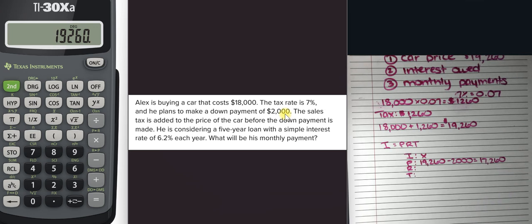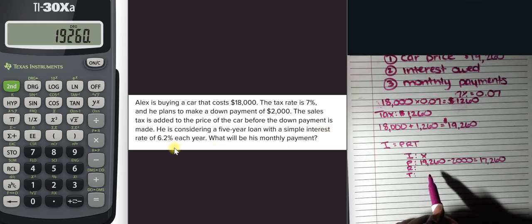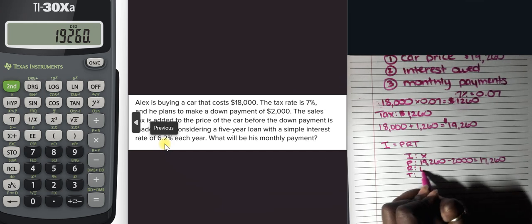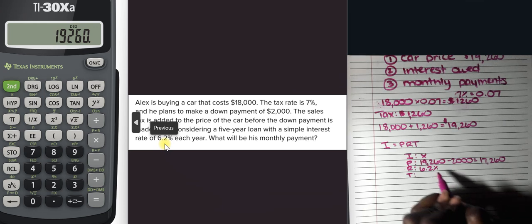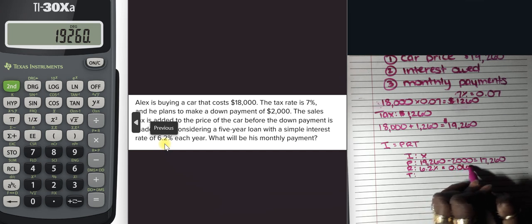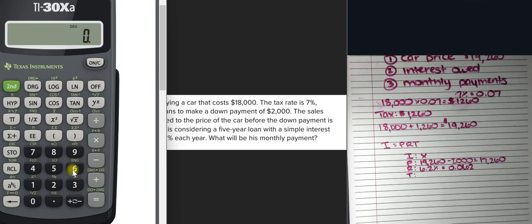All right. So now that we have that, we're going to look for our rate. Our rate is 6.2%. And we know that we can convert that into its decimal equivalent, which is 0.062. Remember, I also showed you on our calculator that we can do it there if you're still struggling with moving the decimal.